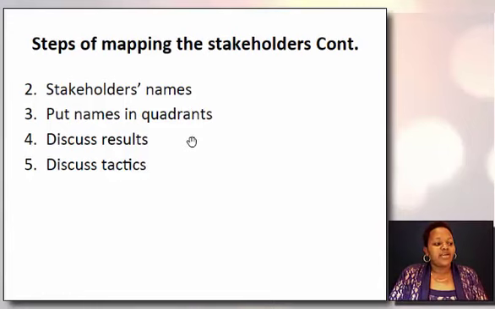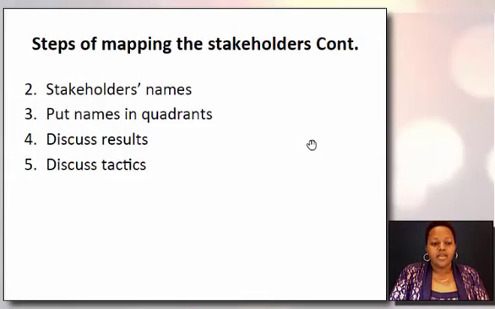We discuss the extent of power each one has in implementing this proposal. We come up with different ways which will help to move the stakeholders who are weaker opponents or weaker supporters, to move all of them to become stronger supporters in implementing our project. So these are the steps we are discussing here.